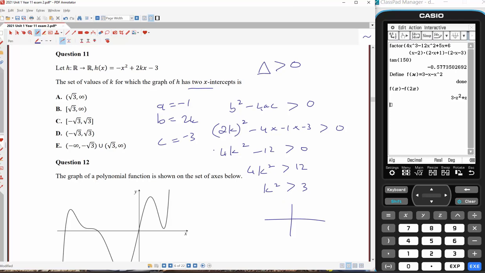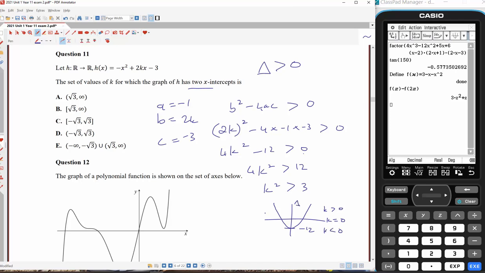Alright, so what we'll do is we're going to sketch this graph here. So this one here, what we'll do is go, it goes down negative 12. So that's what the graph is going to look like. And what we want to know is when it's greater than 0. Okay, so remember, this is when k is equal to 0, k greater than 0, k less than 0.